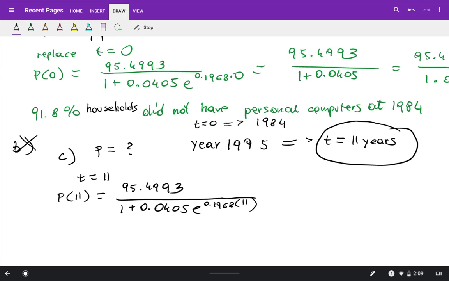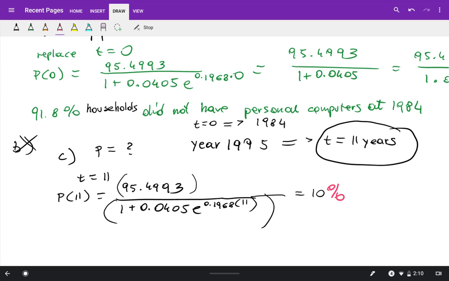Unless you have a nice calculator, I wouldn't plug in everything at once. If you really want to, you need parentheses here, fraction bar as division, parentheses here, and then you should be fine. So your answer will be about 10. And of course P is in percentage, so 10%.